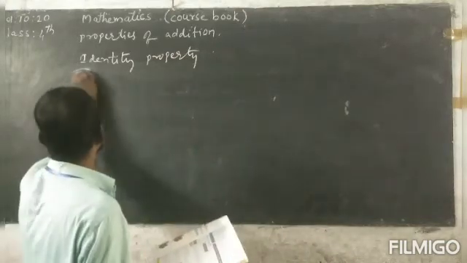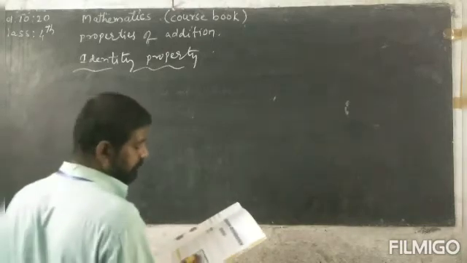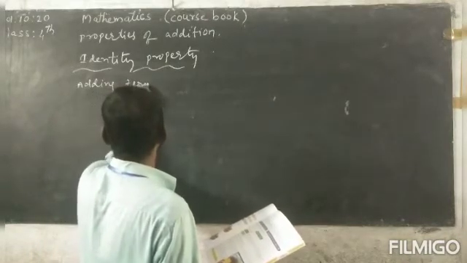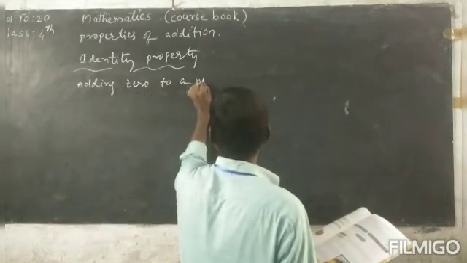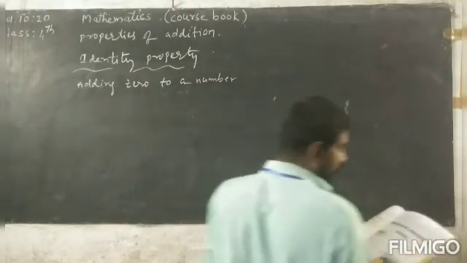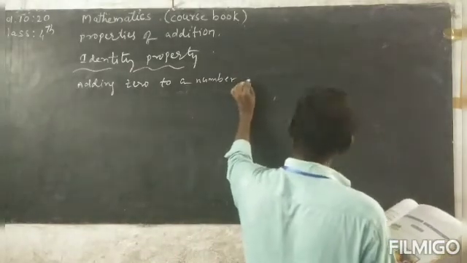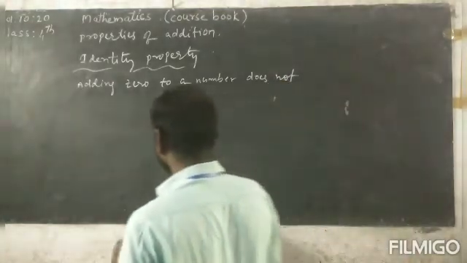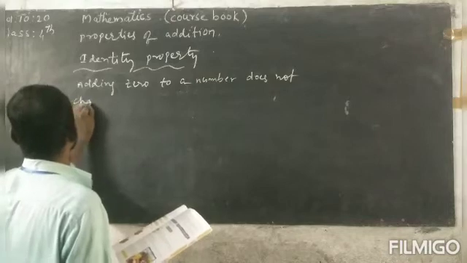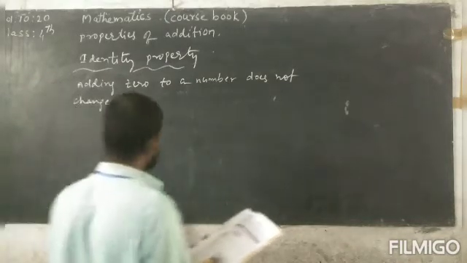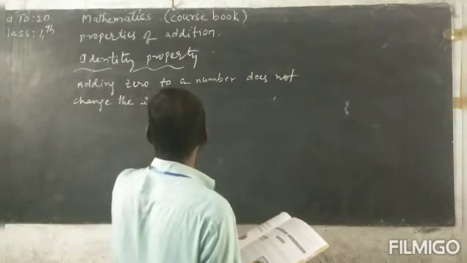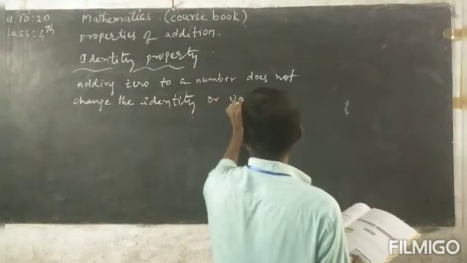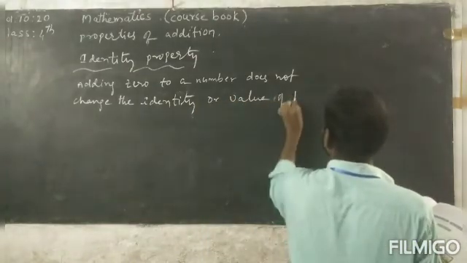Identity property. See here, adding 0 to a number does not change the value of the number.